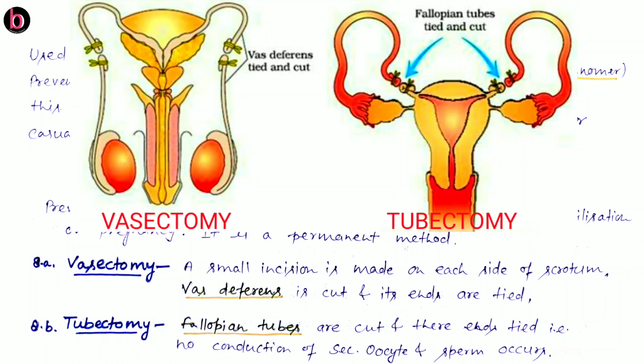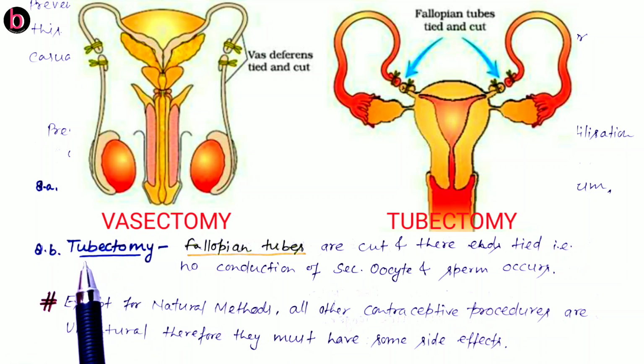But in this case, spermatogenesis will continue. Semen will pass out, but that semen carries only seminal plasma. There is no sperm in it because the vas deferens is cut and blocked. So there will be secretions of only the seminal vesicle, Cowper's gland and prostate gland.